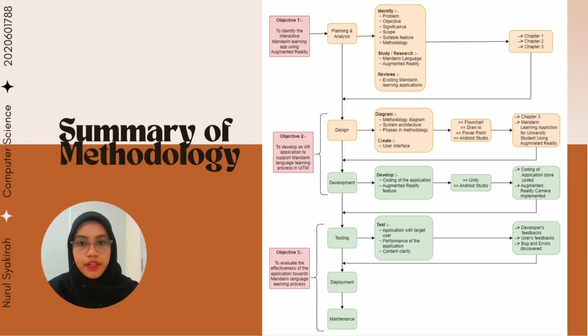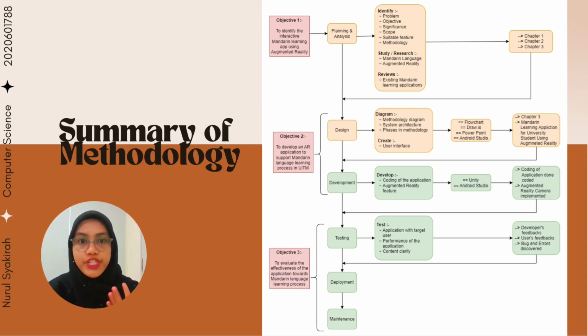Okay, this is the summary of the methodology, which links the objectives of this project with the phases that we carry out in this methodology. So for the first objective, to identify the interactive Mandarin learning app using augmented reality, it will be identified in the planning and analysis phase.